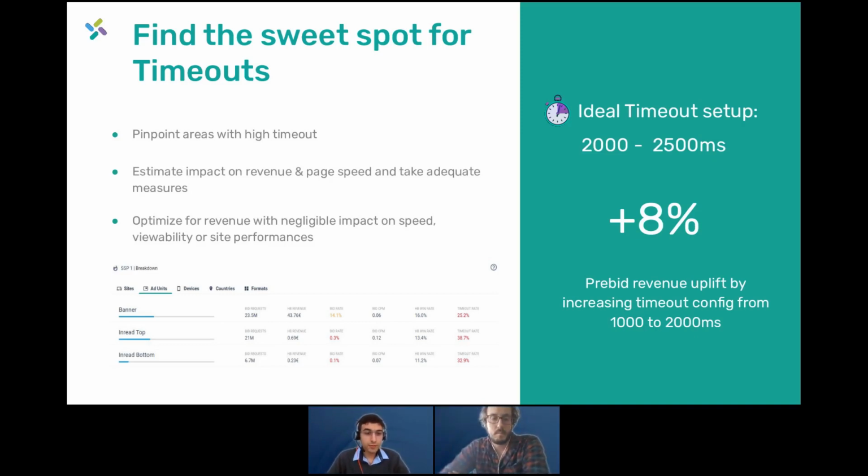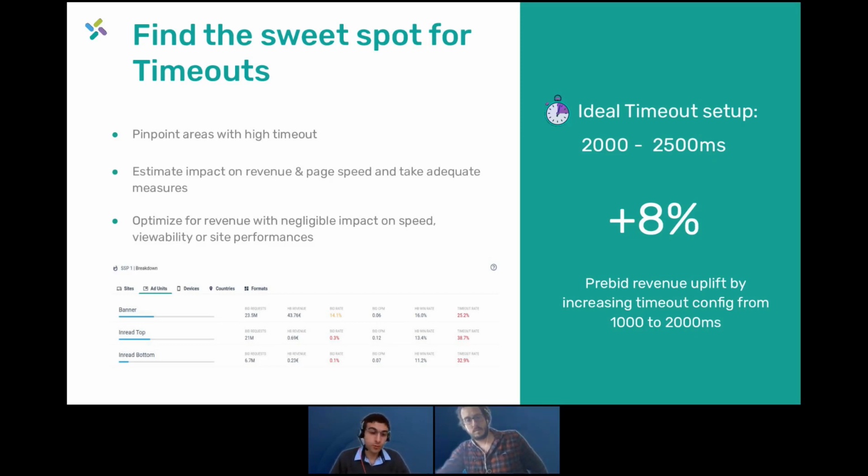Now, the second very important topic is obviously revenue, because the higher the timeouts, the lower the number of bid responses that you're receiving, and therefore the lower your revenue is. And in this case, it's pretty straightforward. What we did is simply A/B test different timeouts, and we looked at, of course, revenue metrics, and also at some metrics that could give us an indication about page performance and impact on user experience.